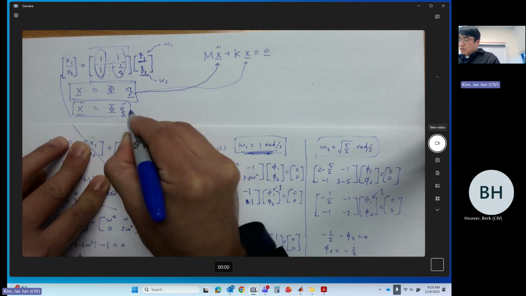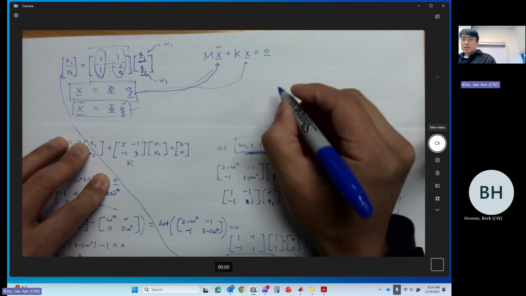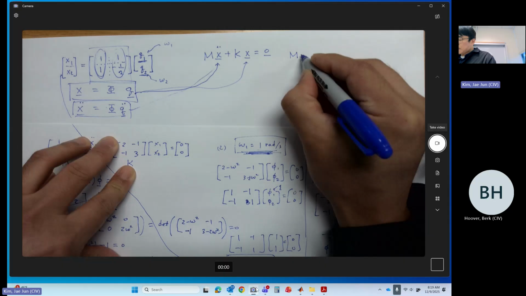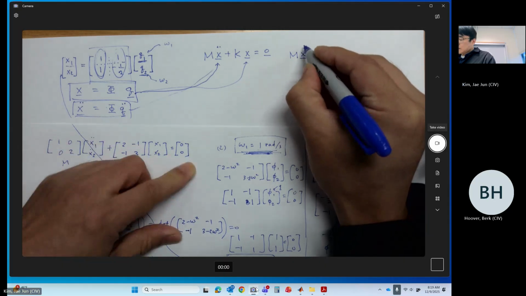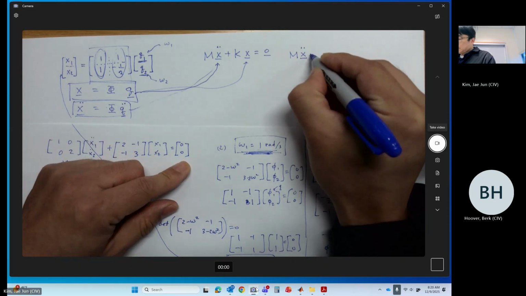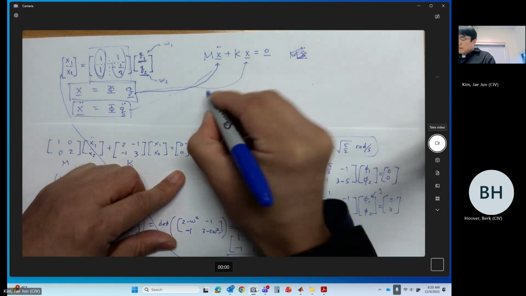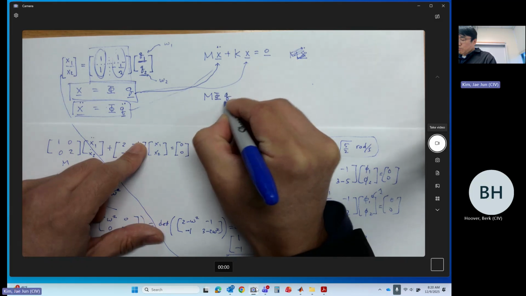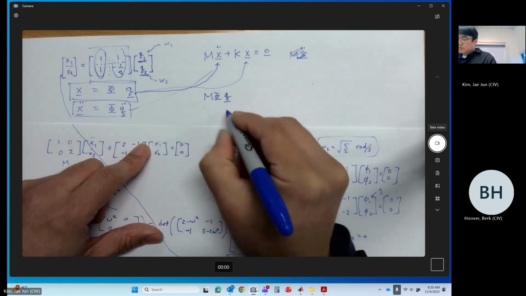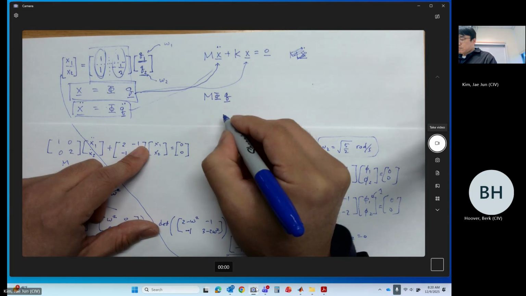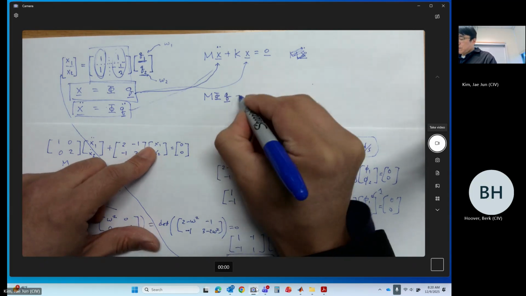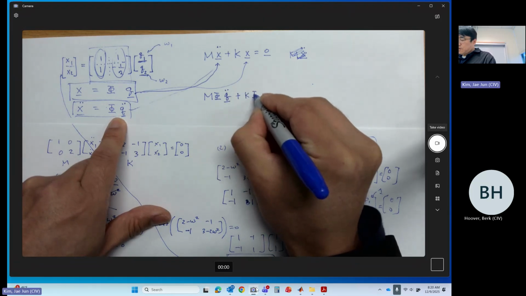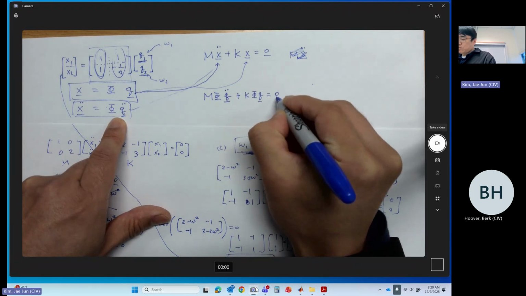So you substitute this one here and this one here, then you can rewrite this equation as M P Q double dot plus K P Q is equal to 0.